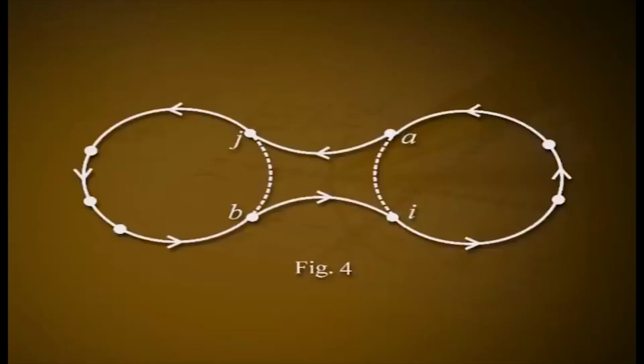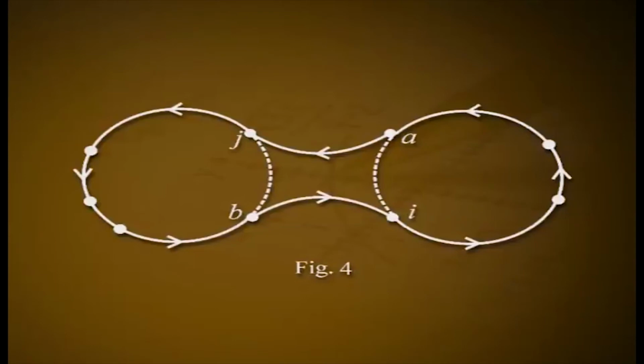Case 1. Suppose i and j are in different orbits of sigma. Write sigma as a product of disjoint cycles, the first of which contains j and the second of which contains i, symbolized by the two circles in figure 4.